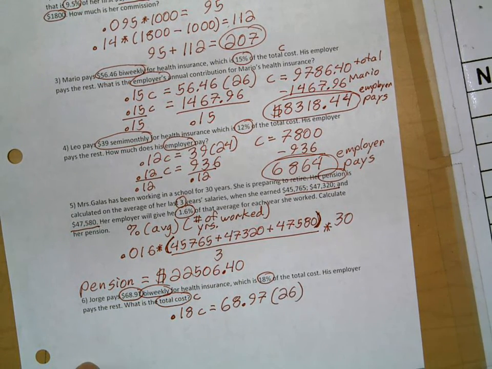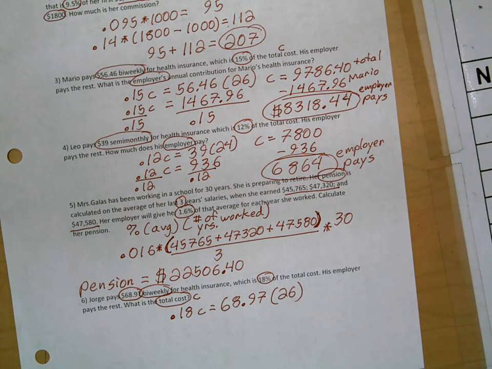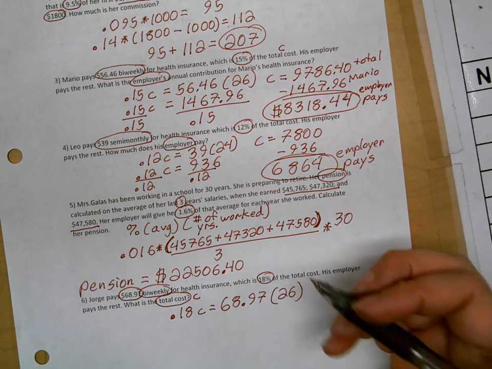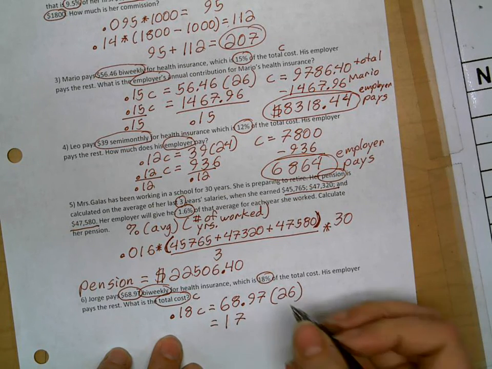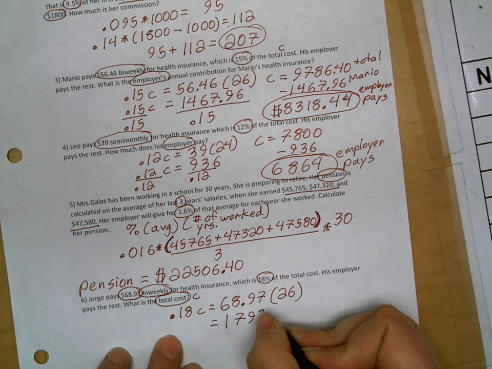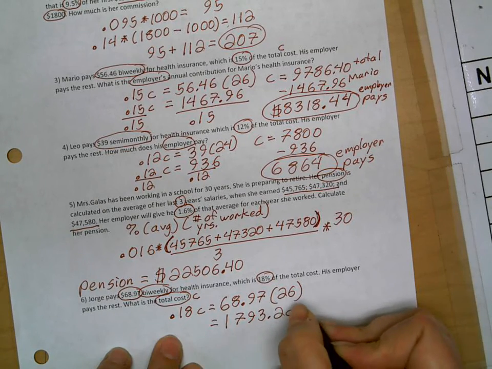Remember, biweekly is 26. So we go ahead and multiply those two together. We get $1,793.22.